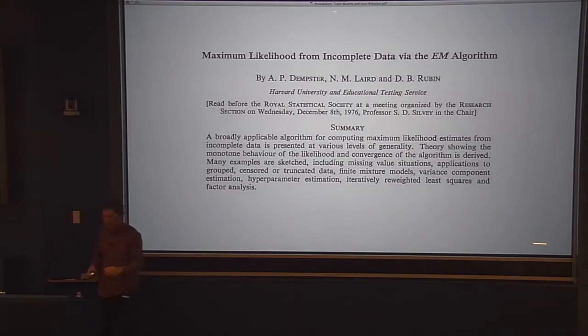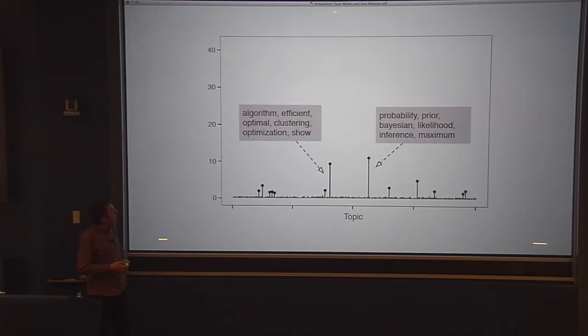Okay, let me show you how it worked. Here again is the EM article. All right, dusty old statistics article, but well worth reading. And here is the topic representation. This is the same kind of representation I showed you earlier. So here we have topics on the x-axis, and the model is slightly different.